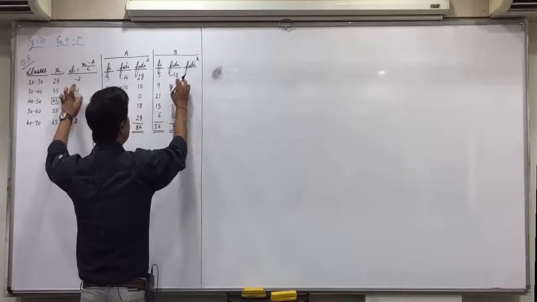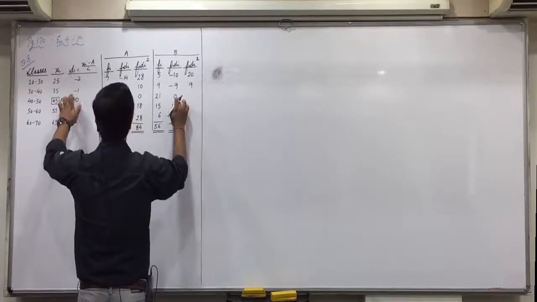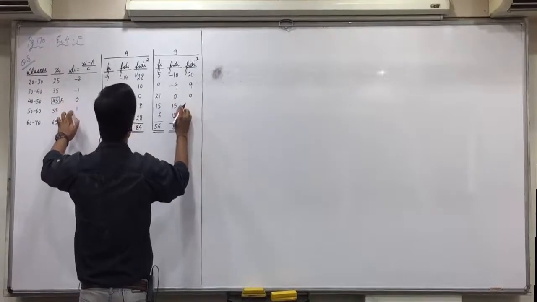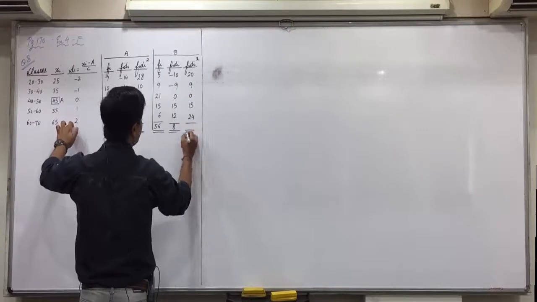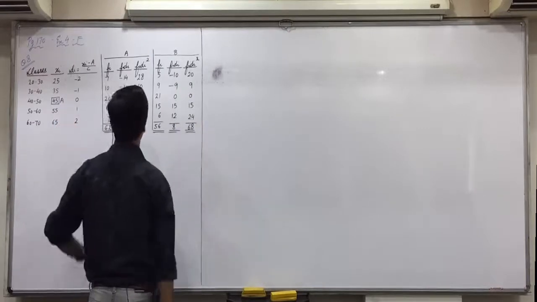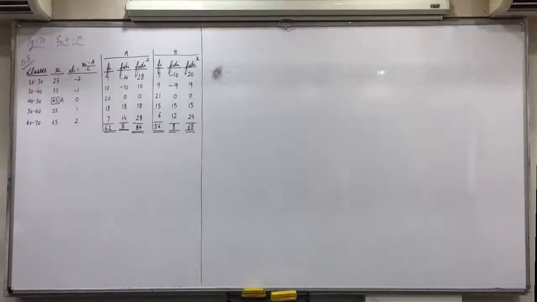So minus 10 into minus 2, plus 20. Minus 9 into minus 1, plus 9. 0 into 0, 0. 15 into 1, 15. 12 into 2, 24. 68. Raise your hand who did not understand the workings, how to make it. All are clear with this? Okay, there is no similar illustration, you have to repeat it in the homework.